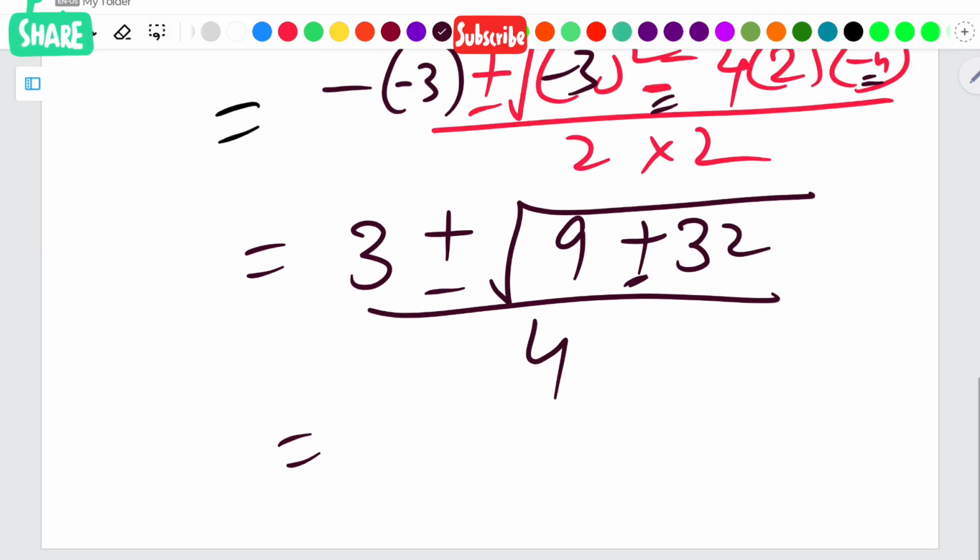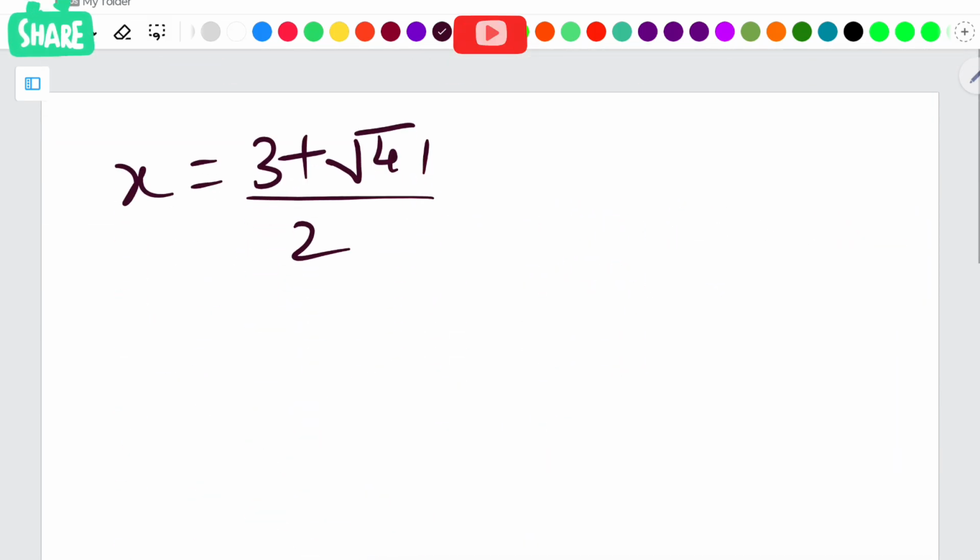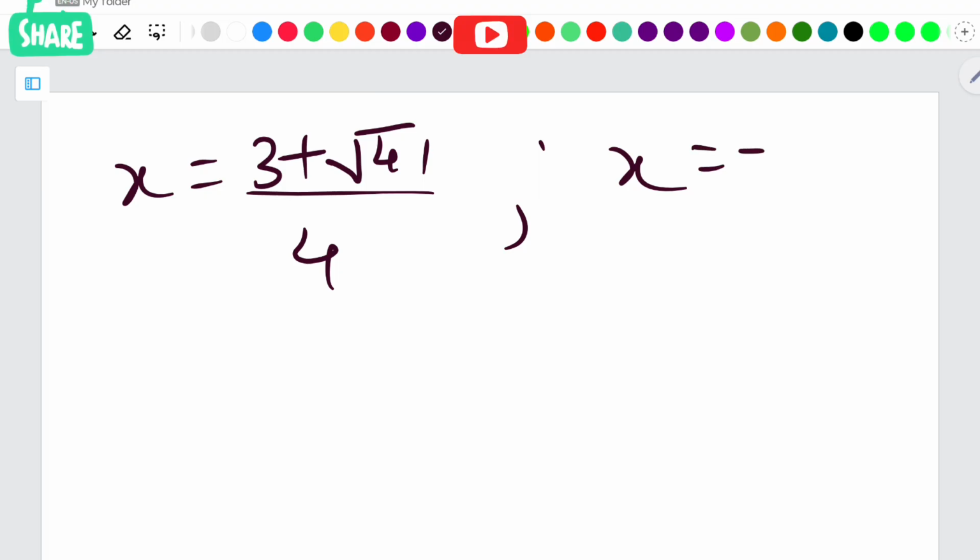So what we are getting is 3 plus minus root 41 by 4. So one value is x equal to 3 plus root 41 by 4, and the other one is x equal to 3 minus root 41 by 4.